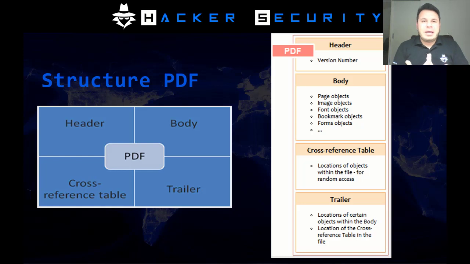What this means in this case is basically one structure referring to another structure or another object inside the body, right? In the trailer, it's the same thing. You have here the location of certain objects inside the body. That is, you have many connections between the parts of this structure, right?